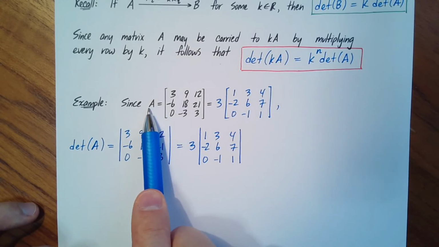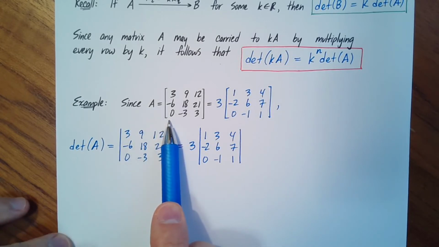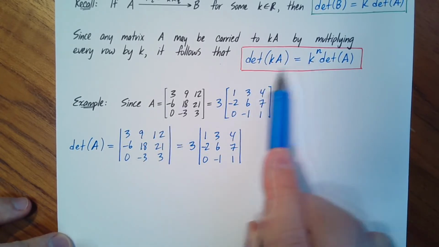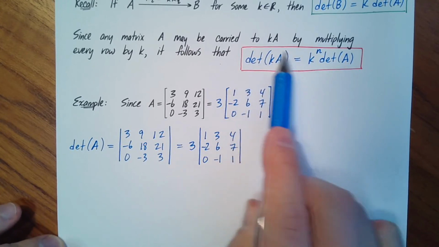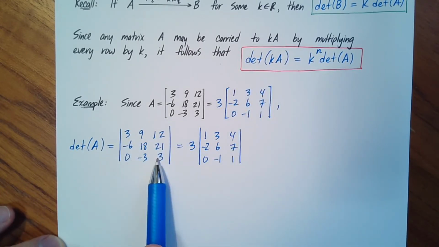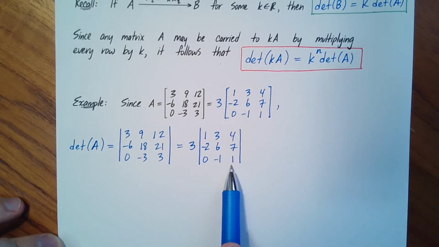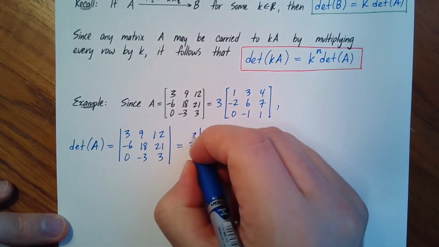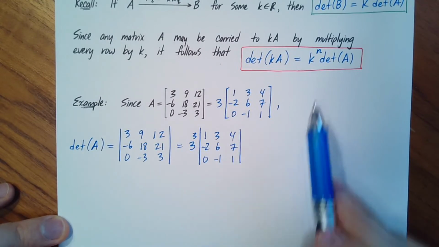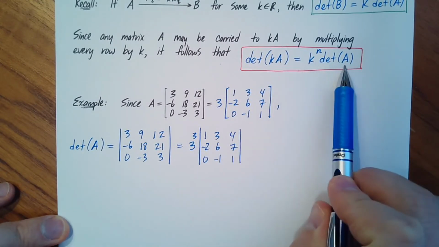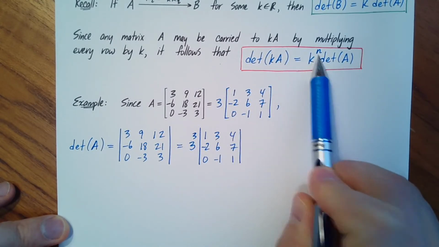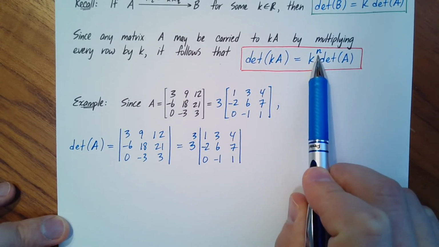So this matrix A in this example has 3 rows and 3 columns. So I need to put this n here. This is really what you're doing. This determinant is this determinant. So we're just going to put a 3 there. It's not just 3 times the determinant of A, it's 3 to the power of 3 times the determinant of A. That's where that 3 is coming from, this n.